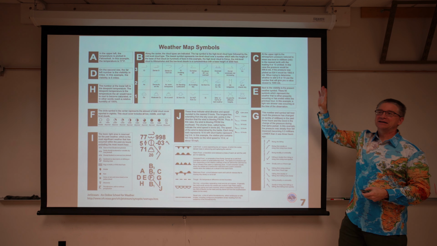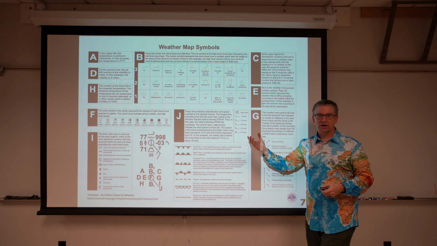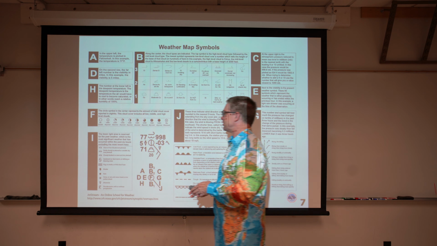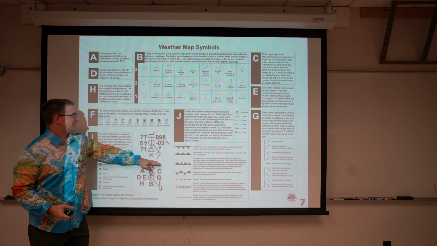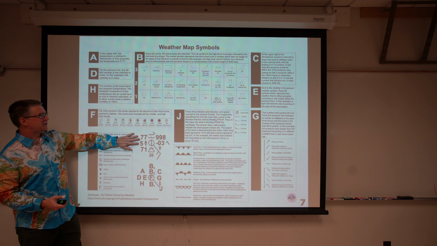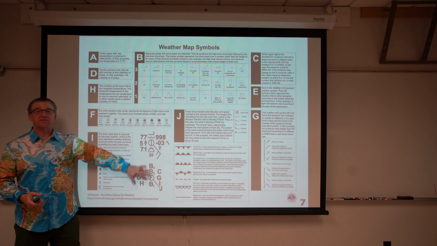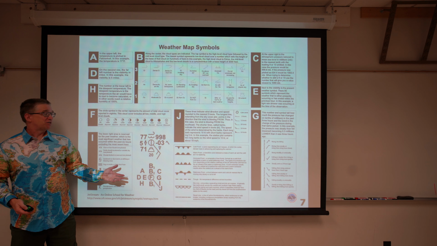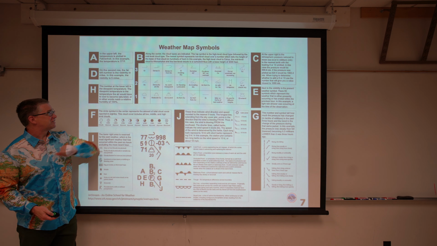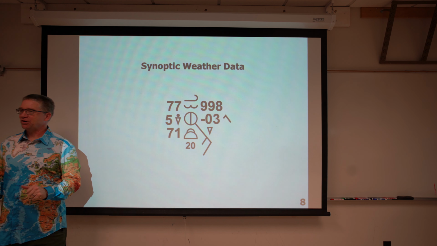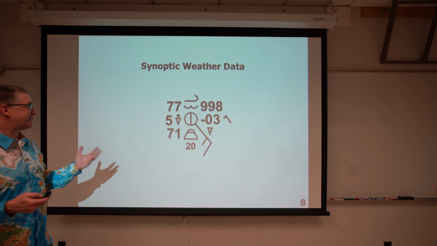And this is sort of your key or legend, if you will, to what these symbols mean. So you have a sort of generic example here, and then this shows you what all these bits of information mean. So let's focus in on this and start looking at what these different symbols mean.